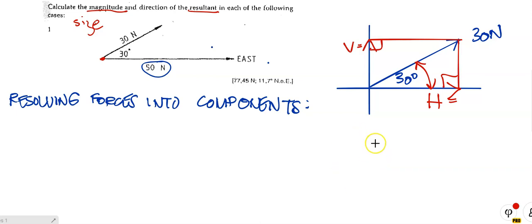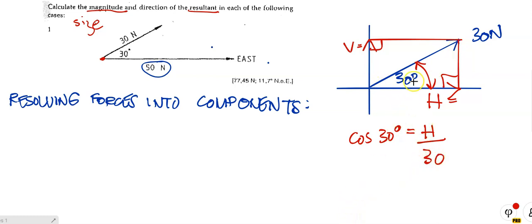Okay, Ryan. I'm looking at this triangle over here. If I say the cos of 30 degrees is equal to, agree with me that the cos of that angle is equal to the horizontal h over the hypotenuse 30.